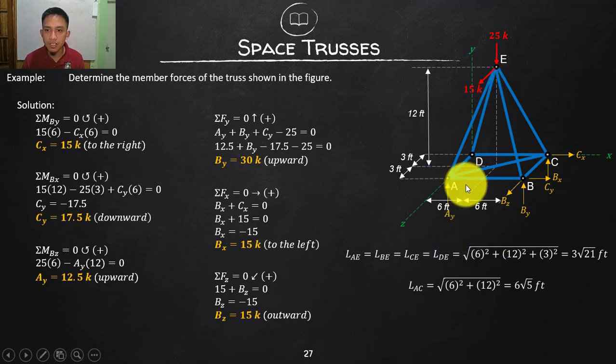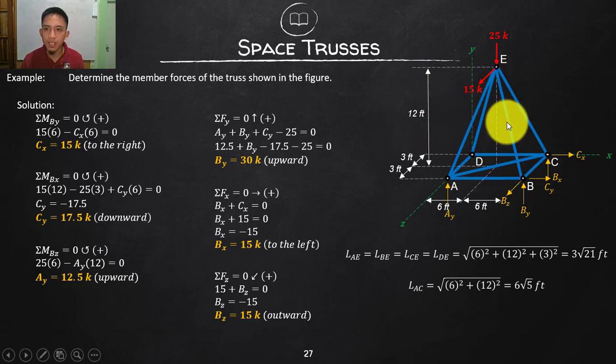As you can see, it is symmetrical, isn't it? The inclination of these four along Z is 3 meters for all. This member and that member are inclined 3 going inward, and these two, BE and AE, are inclined away, within 3 feet along Z. They are all inclined again 6 feet along X, since of course they all meet at the middle point, and they all rise the same vertical distance, which is 12 feet.